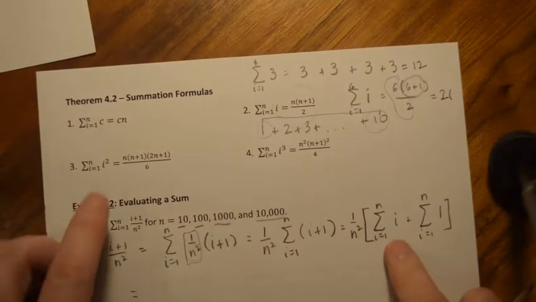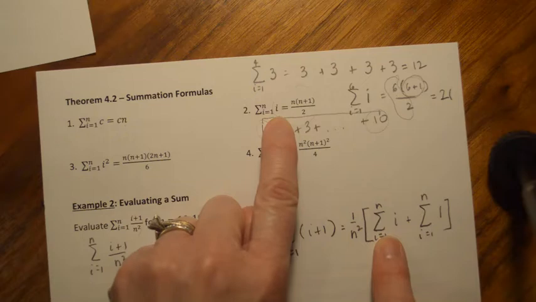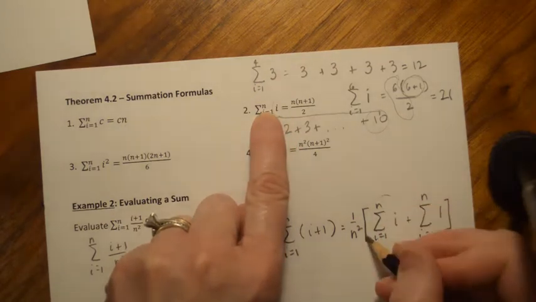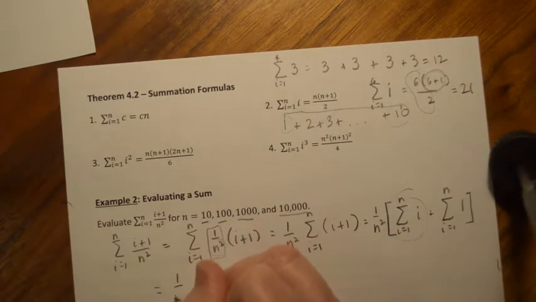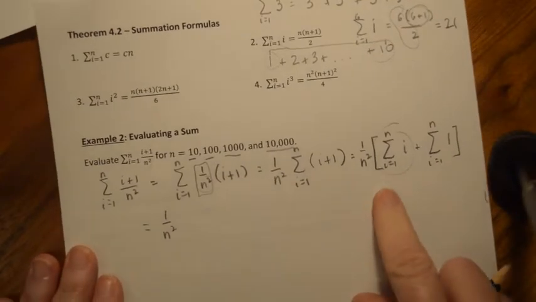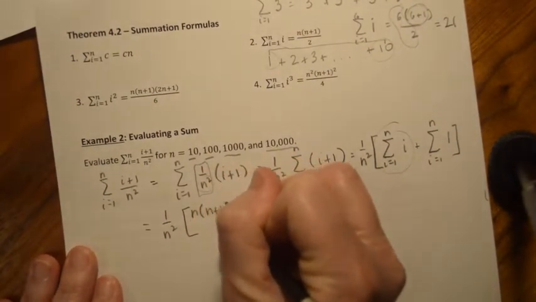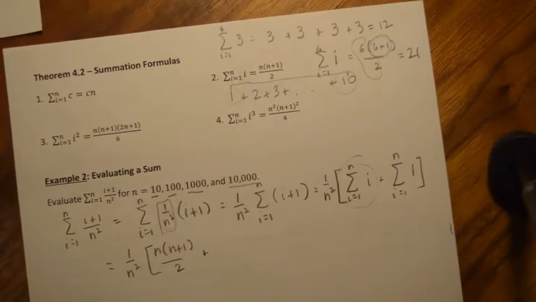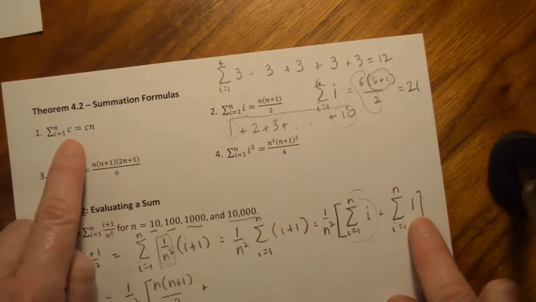Now let's go back up here because now we have this, right? So we've got the sum from i equals 1 to n of i. I can just replace this now with this, right? So I still have my 1 over n squared, and then I'm going to have n times (n plus 1) over 2 plus, right, this one is back to here where I just am summing up a constant, right?